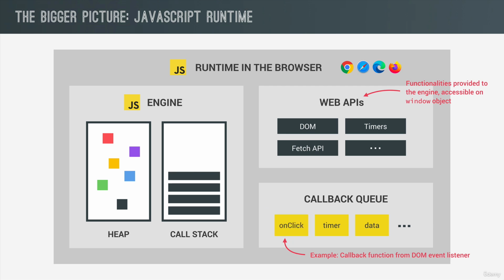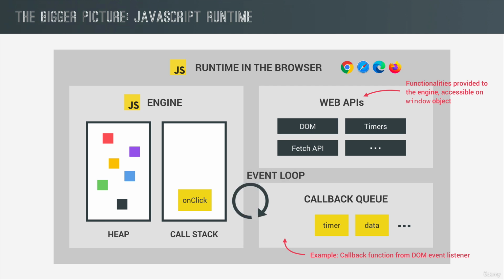And here is how that actually works behind the scenes. So the first thing that actually happens after the event is that the callback function is put into the callback queue. Then, when the call stack is empty, the callback function is passed to the stack so that it can be executed. And this happens by something called the event loop. So basically, the event loop takes callback functions from the callback queue and puts them in the call stack so that they can be executed.